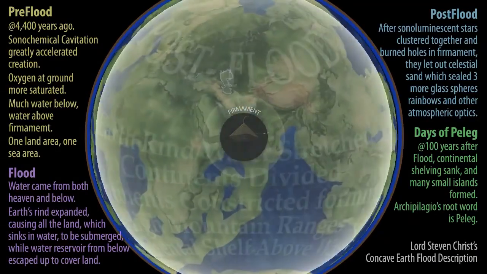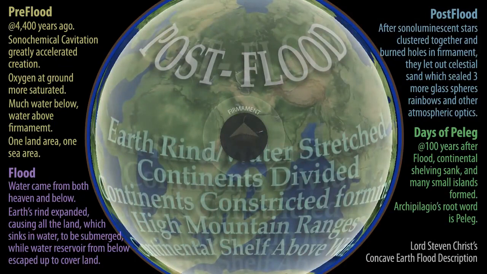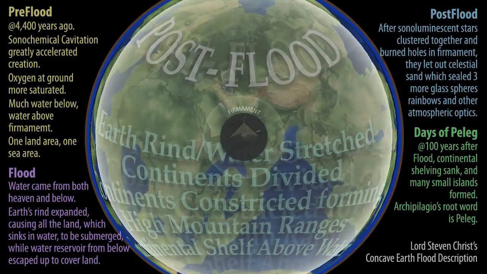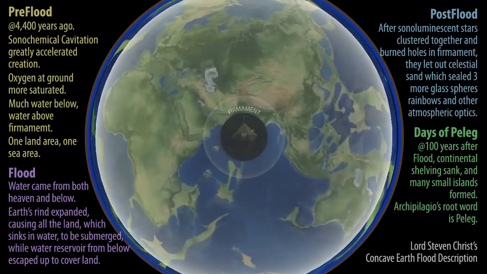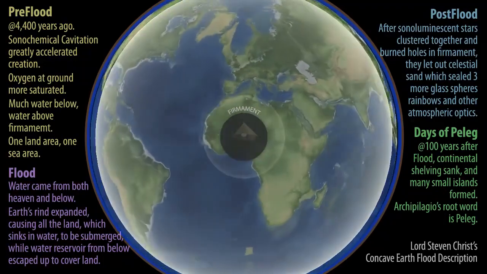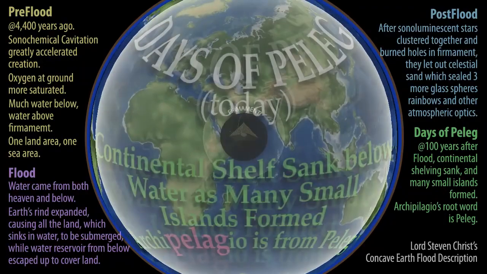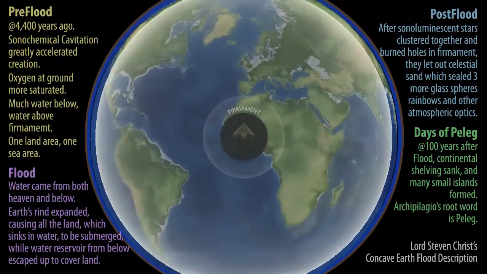sonochemical cavitation greatly accelerated creation. So you cannot judge things uniformitarily through time. That's asinine to assume that. Things happen so rapidly and exponentially, even now today. We're approaching the AI singularity. I mean, you cannot judge things like that, especially if something happened catastrophically.